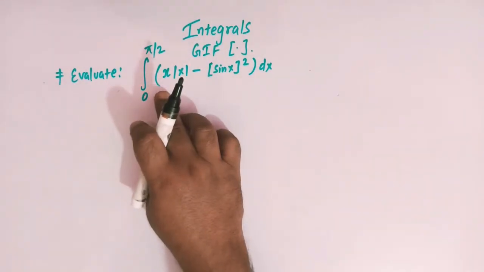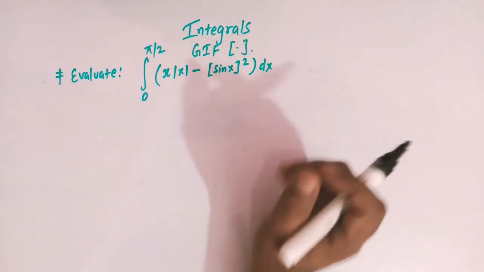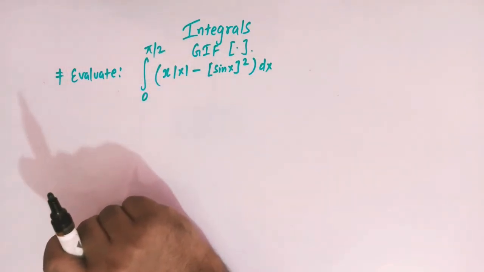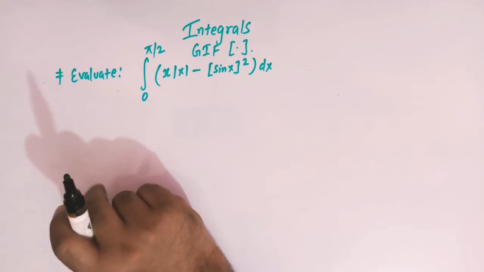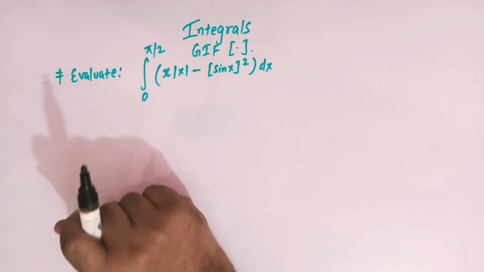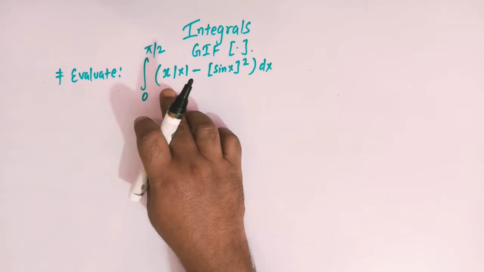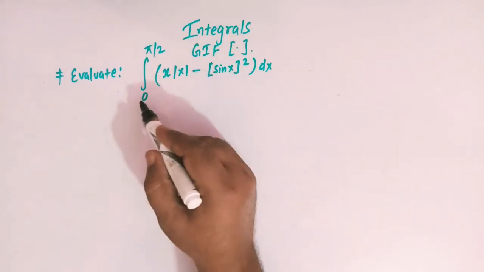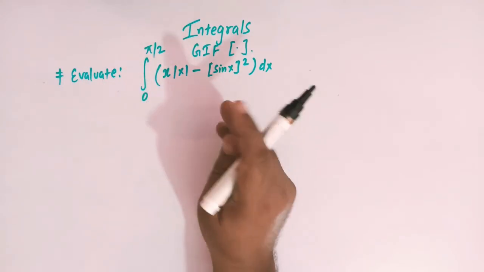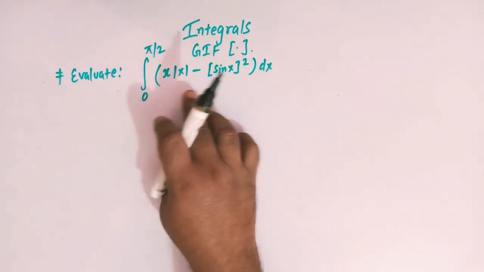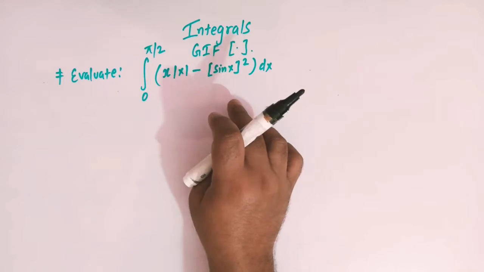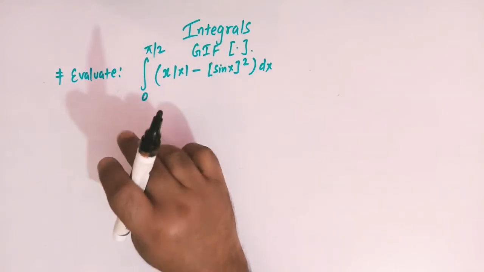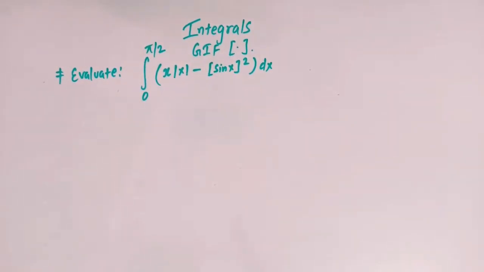So let us solve this problem by making use of the concept of absolute value function and the greatest integer function, right? And here we'll also see the graph of sine x from 0 to pi by 2, and we'll see the value of greatest integer of sine x when x varies from 0 to pi by 2. So let us start.